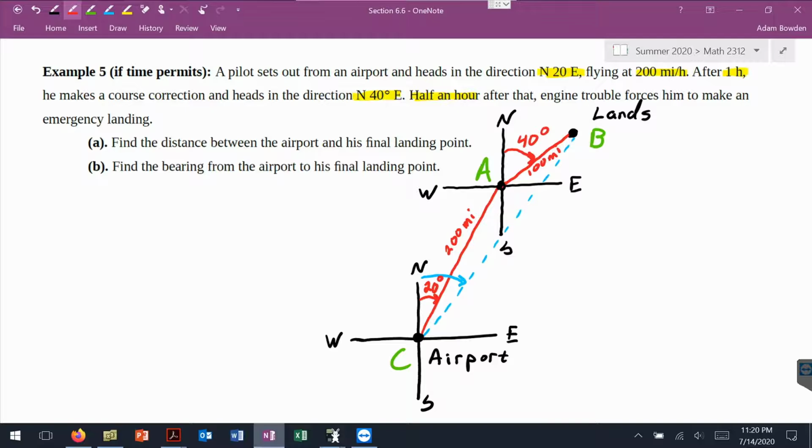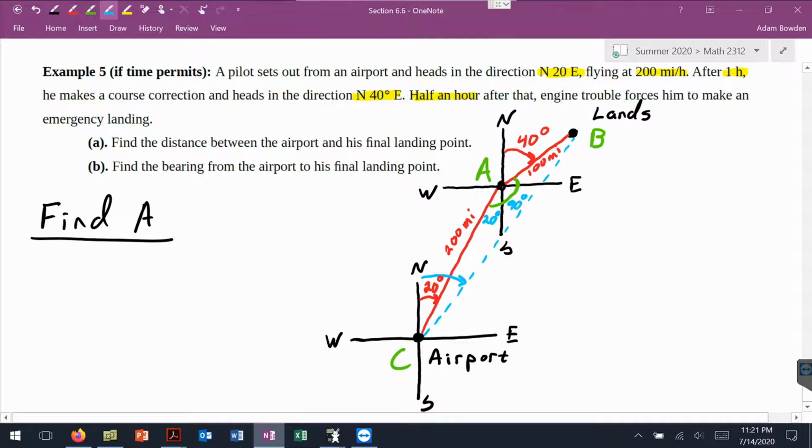Okay, and so we know two sides of the triangle. What I'm going to do is figure out the angle between these two sides. So that'll be represented by angle A. So to find angle A, we're going to have a 20-degree angle in here, a 90-degree angle, and a 50-degree angle.